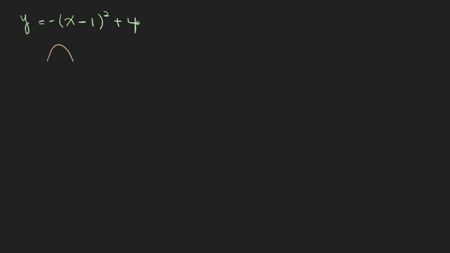We know that the constant term is 4 plus whatever constant inside here. And the constant inside here is 1 times minus the minus 1 outside. So it's minus 1 plus 4, and your y-intercept is 3.